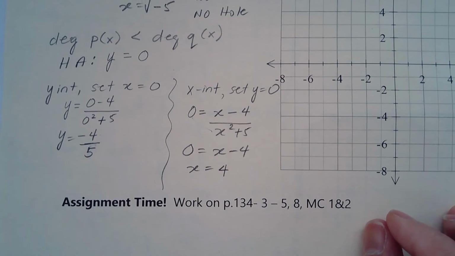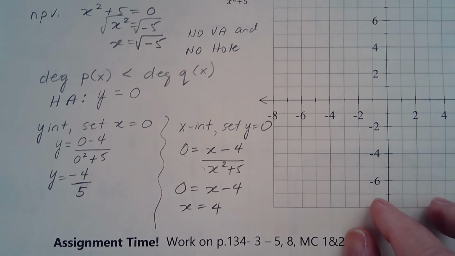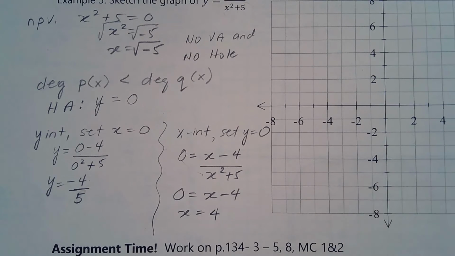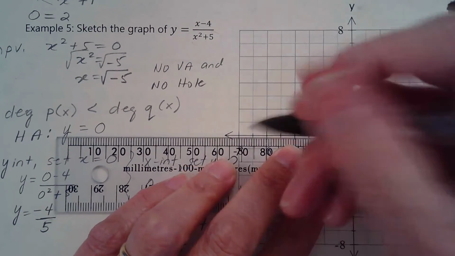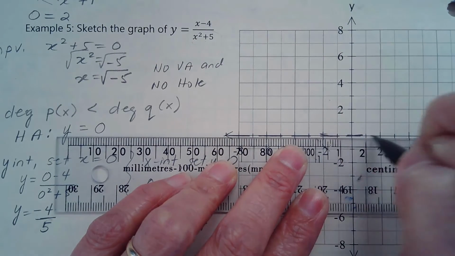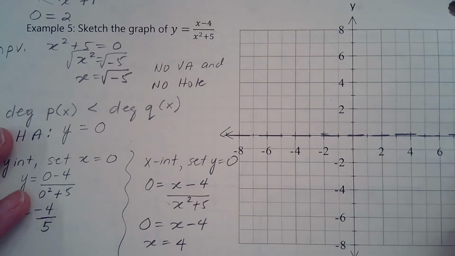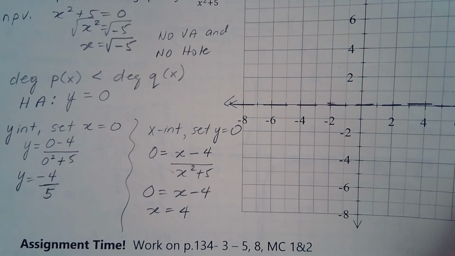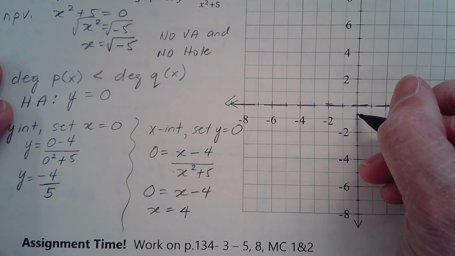Oh, okay. Now you're probably thinking, it's kind of weird. Isn't it kind of weird that we have a horizontal asymptote in here? The y-intercept is negative 4/5, so it's negative 0.8, so right there.